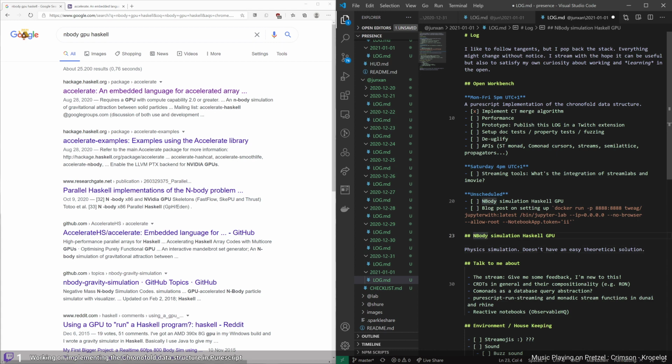NBody means we have a lot of different planets that all have a gravitational pull and are moving in the same universe. And so they're all pulling each other.